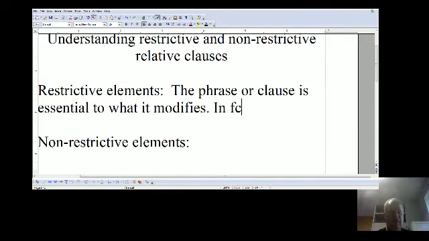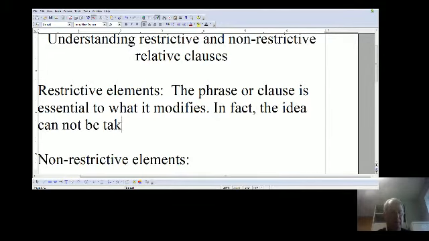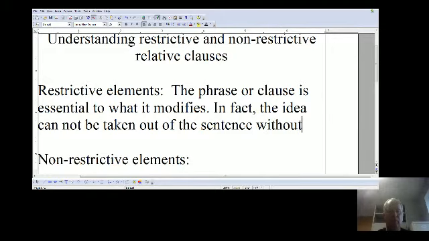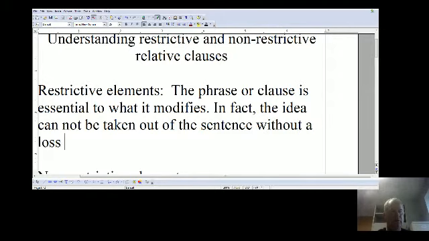We'll say, in fact, the idea cannot be taken out of the sentence without a loss of meaning. Right?